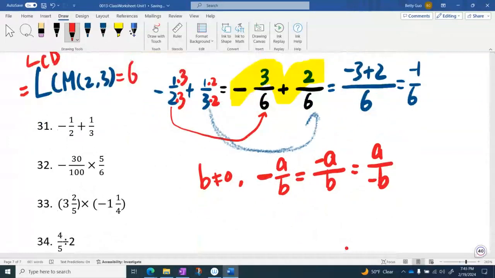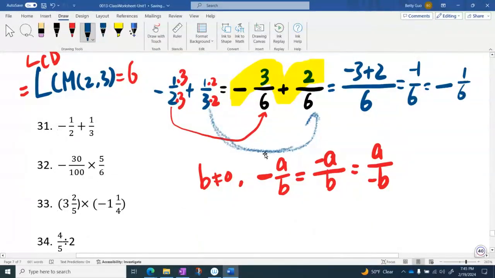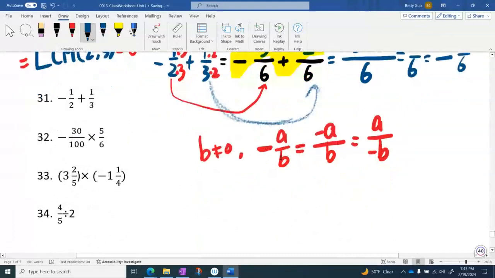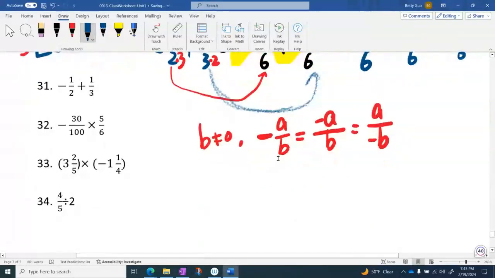That's the reason negative 1 over 6 can be written as 1 over negative 6. They are the same thing. There's a formula behind it actually. All right, that's how we add fractions.